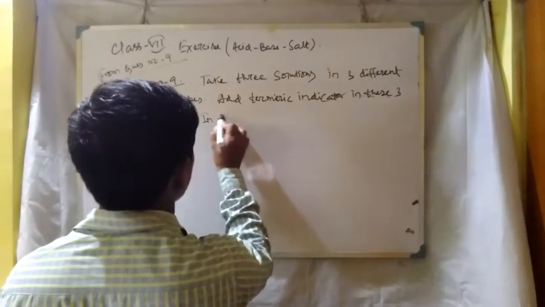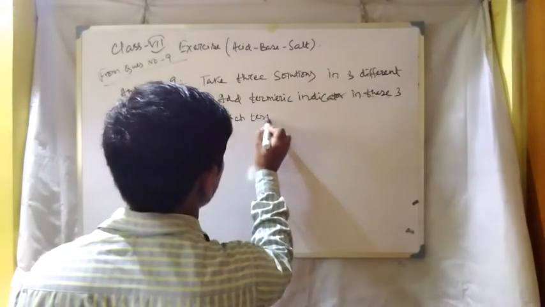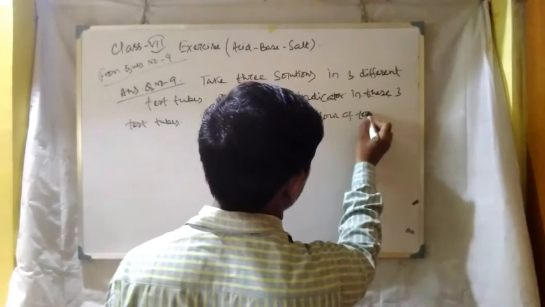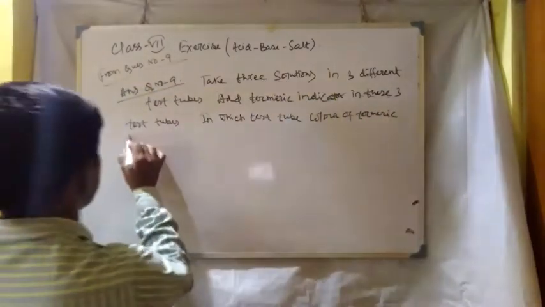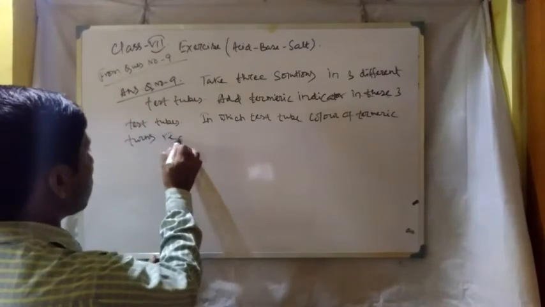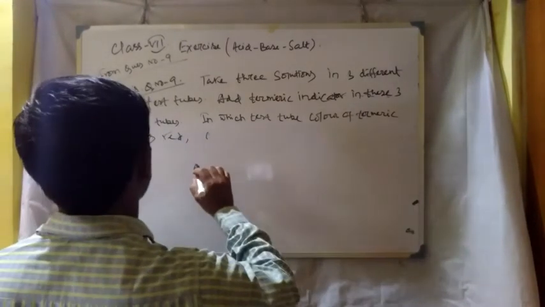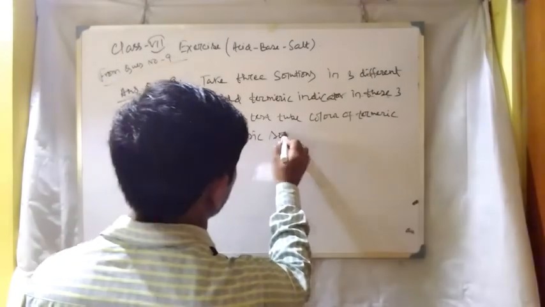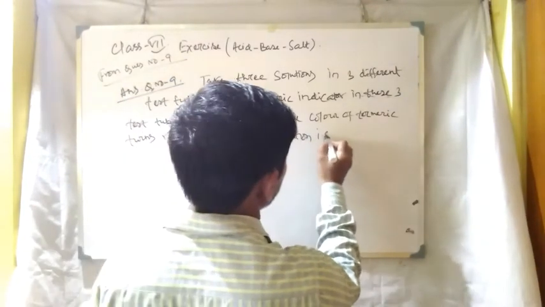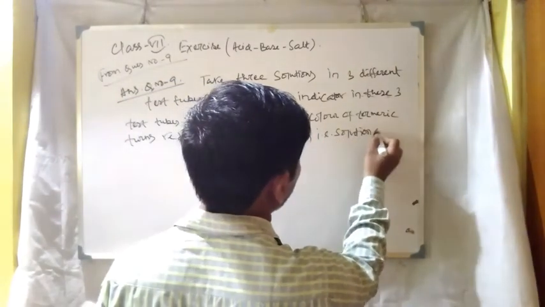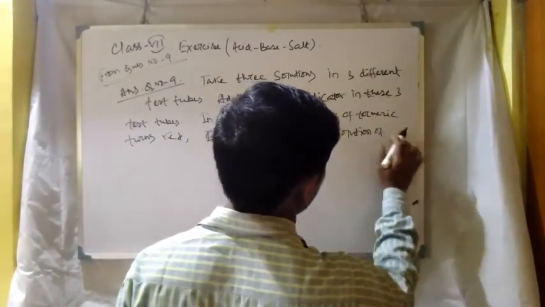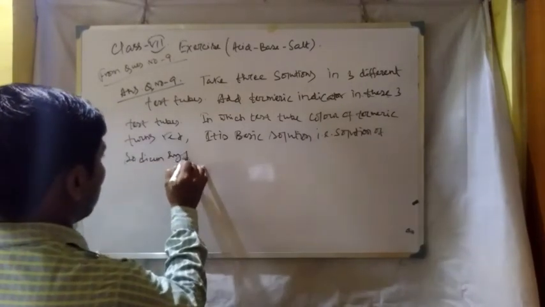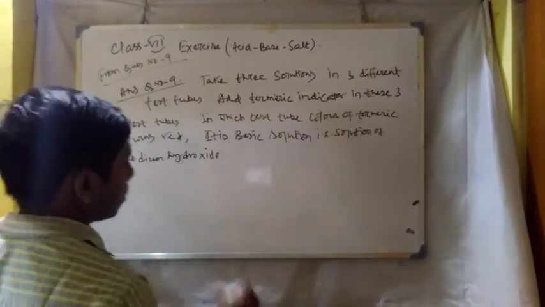In which test tube the color of turmeric turns red, it is basic solution, that is solution of NaOH or sodium hydroxide, solution of sodium hydroxide, full stop.